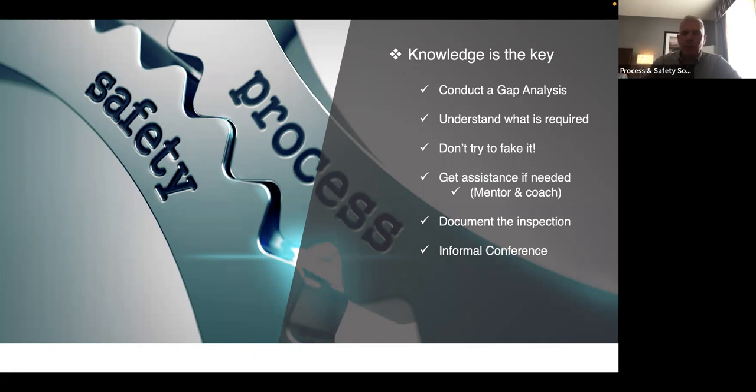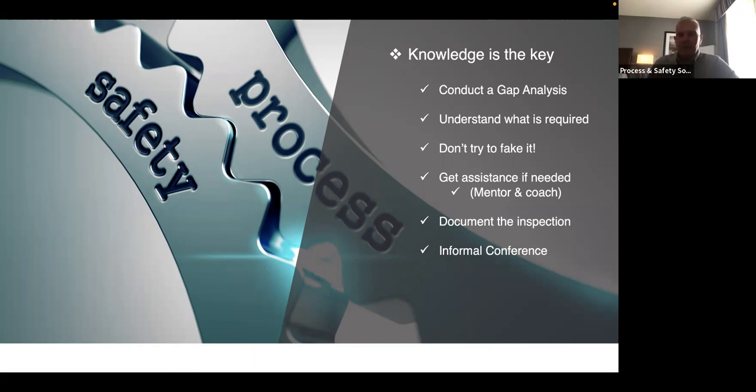Also, keep in mind, always document your inspection, as we went through this already. Document everything that you see along the way, and document everything that the CSHO or the compliance officer sees along the way as well. And then lastly, always attend the informal comments or request an informal conference. You can never go wrong with that.